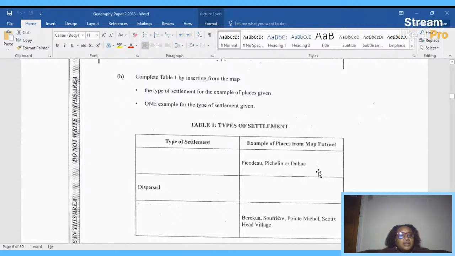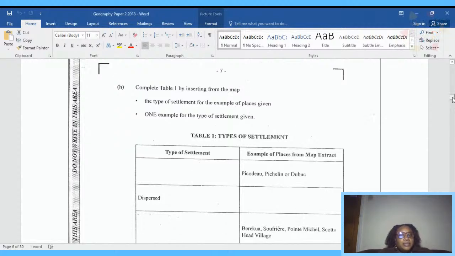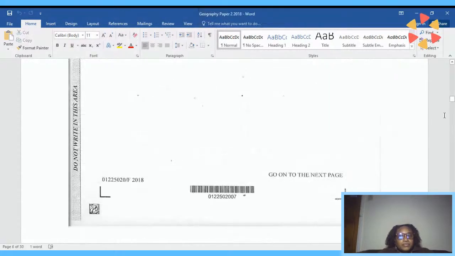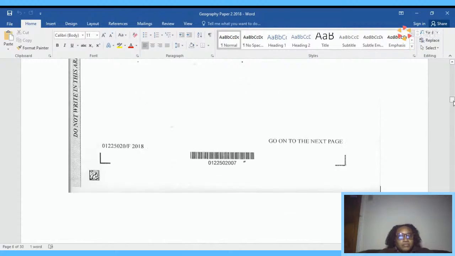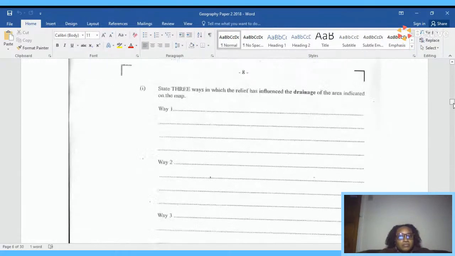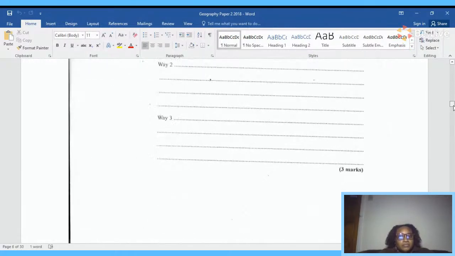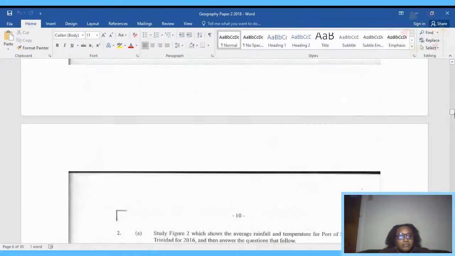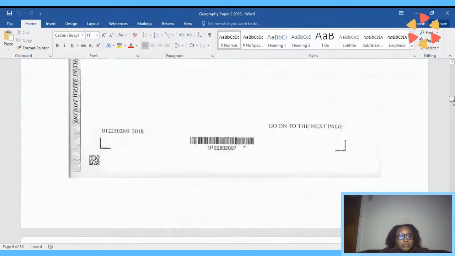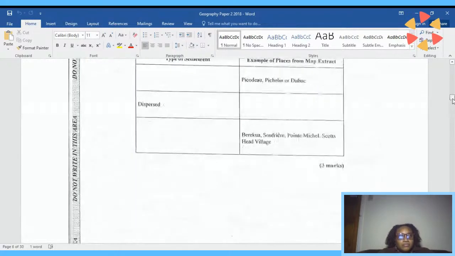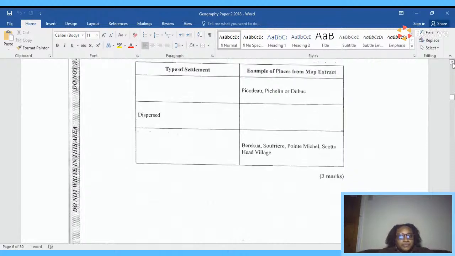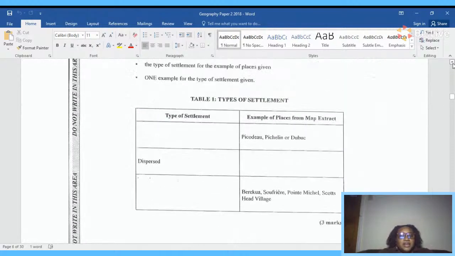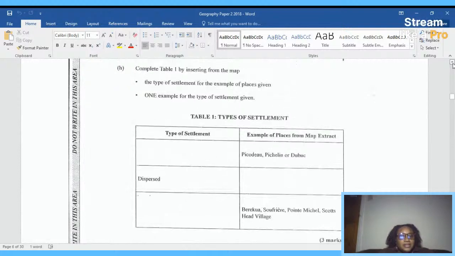So this part of the question now, you have to fill in this table. So we have to look at this question.